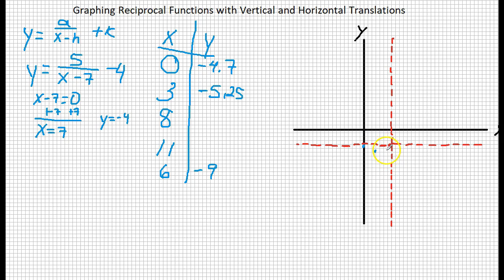It's 4, 5, 6, 7, 8, negative 9. So this is going to ride along the asymptote, curve here, and keep going right along that asymptote without crossing.